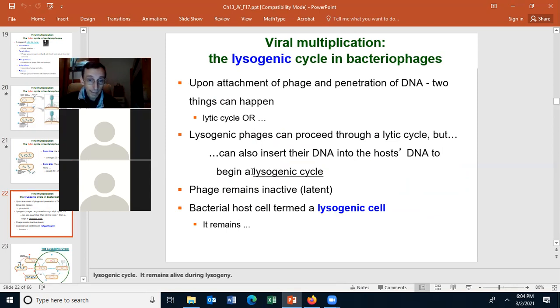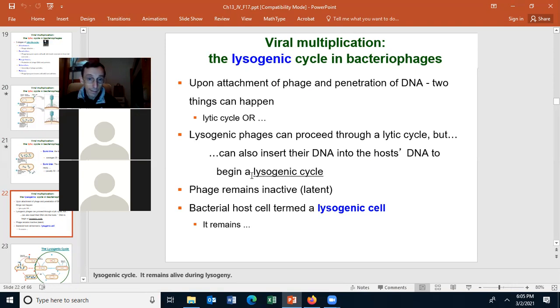What happens in the lysogenic life cycle, the lysogenic phage, or bacteriophage, sorry, I said I would always use bacteriophage, infects the host cell, decides to follow the lysogenic life cycle, and then the lysogenic virus inserts a copy of its genome, meaning DNA, into the host DNA molecule.